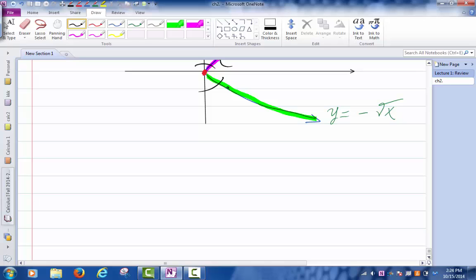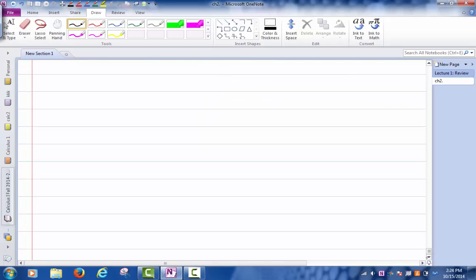So here's an example, well, let me make up an example here. So let's say sine of x plus y is equal to 4, right?